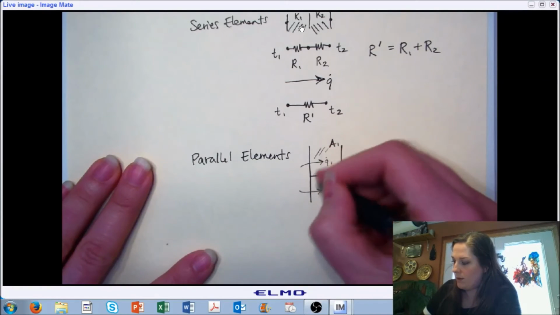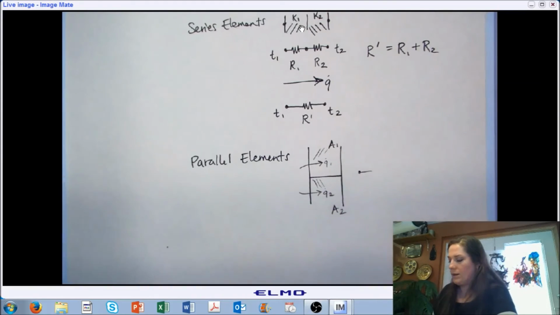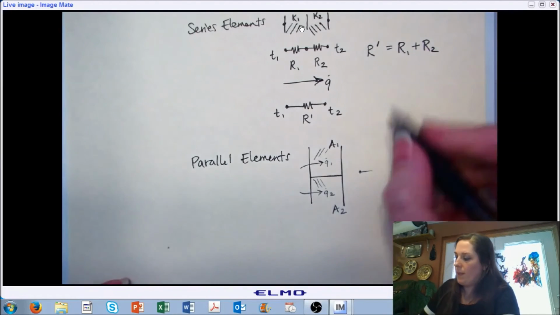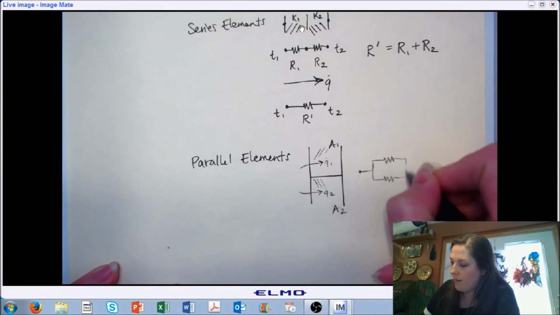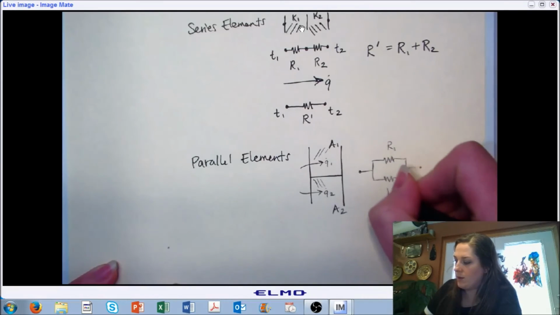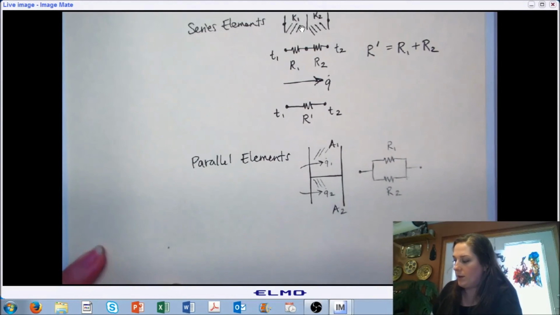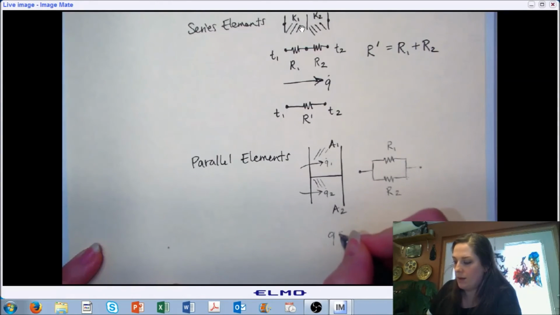Okay, this is one material, this is the second material, and the electric analog to this looks like parallel circuits where you have a resistance through one material and a resistance through the other material, and the overall heat transfer is the sum of the 2.